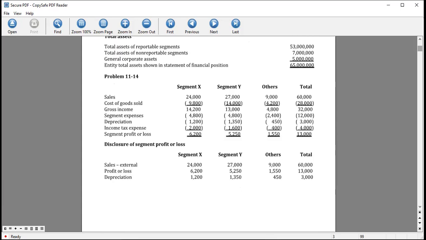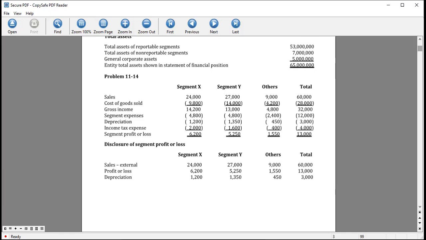Now we go to 11-14. Prepare a schedule that reports the segment profit or loss. Prepare the disclosures required for operating segments and prepare the reconciliations between segment information and the amount shown in the entity's financial statements.